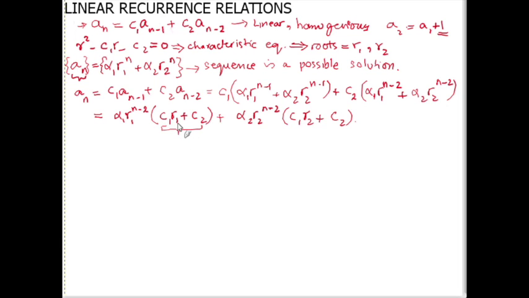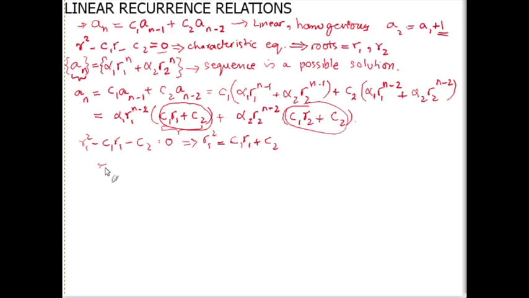Okay, now what is this guy? Remember, our r1 and r2 are solutions of this equation. So this means that r1 squared minus c1 r1 minus c2 is equal to 0, which means that r1 squared is equal to c1 r1 plus c2. So I can plug r1 squared here, and similarly by the same token I can plug r2 squared here.